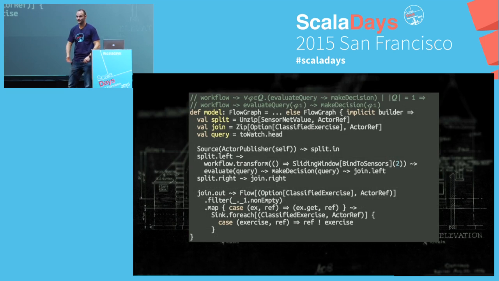In the Akka Streams DSL, this is this entire flow except rotated 90 degrees. So the actual meat is happening on the left: transform it, we evaluate it, make a decision, and join it with the sender. If we actually have a fully classified exercise, then we'll take it and send it to the sender. That's all we do. If we don't have it, we don't reply.